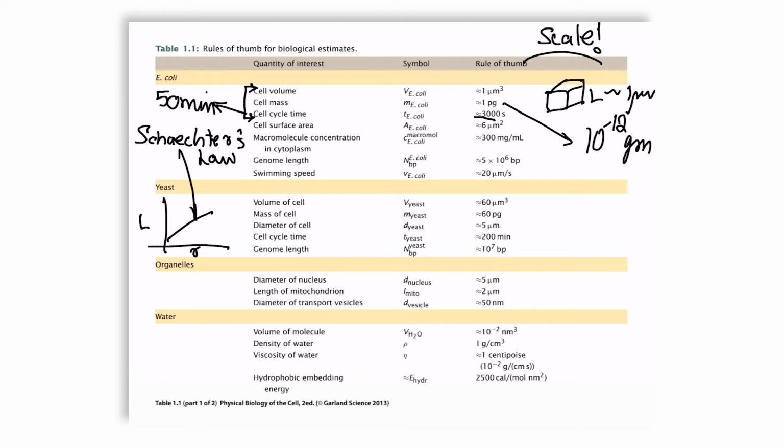What about cell surface area? We can come up with 6 microns square, which is considering the spherocylinder.